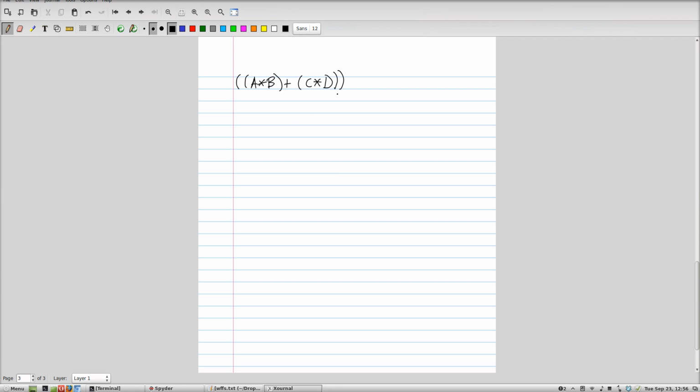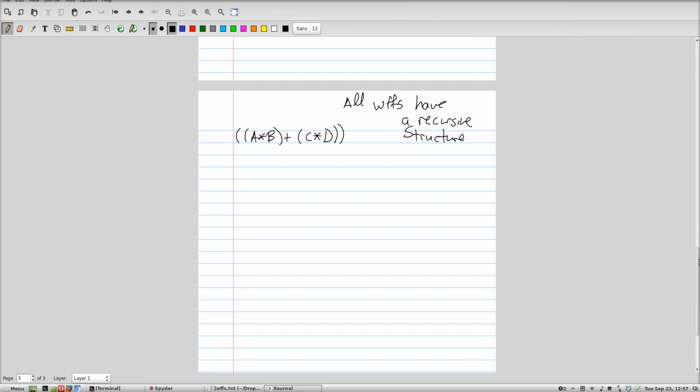What I'm trying to illustrate here is that all well-formed formulas have a recursive structure. So what that means is this is just kind of using the definition that we just saw backwards.